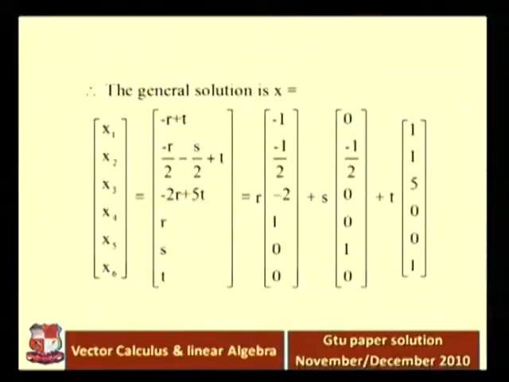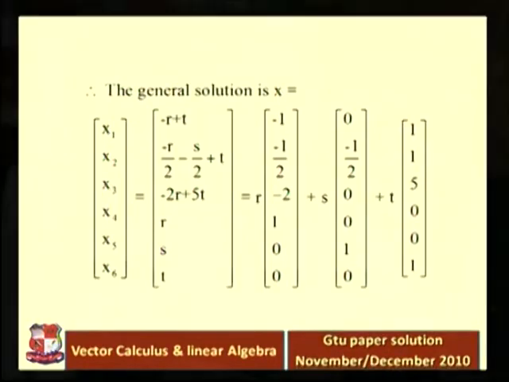So we have 3 basis vectors in the null space. So the nullity of the given matrix is 3, and the rank is 3. We already found the basis for the row space and the basis for the column space. So here is the complete solution of this question, and this question was asked for 4 marks in the question paper.